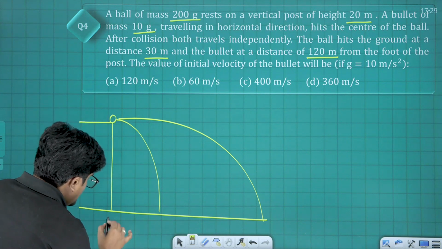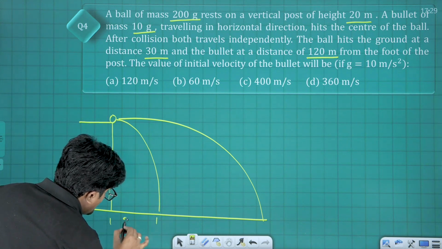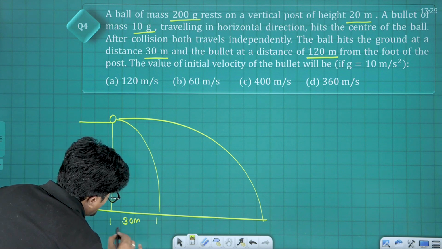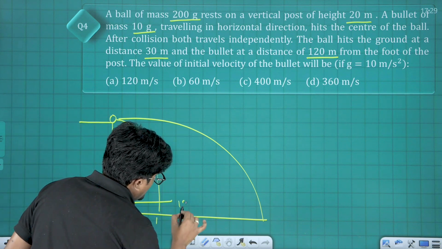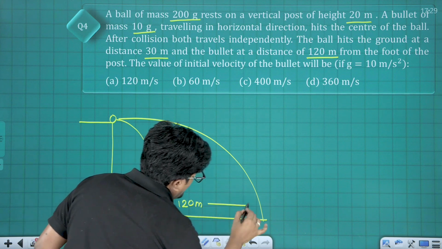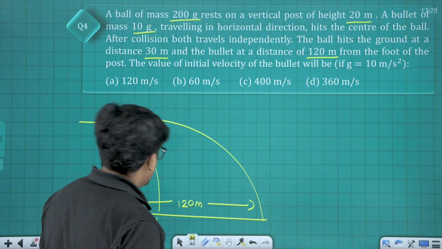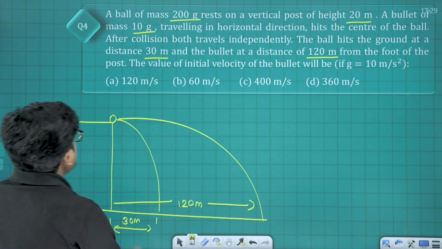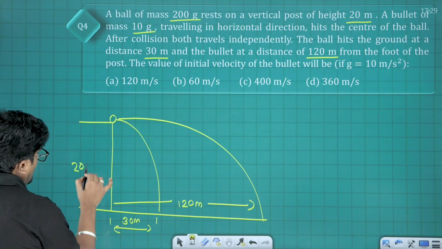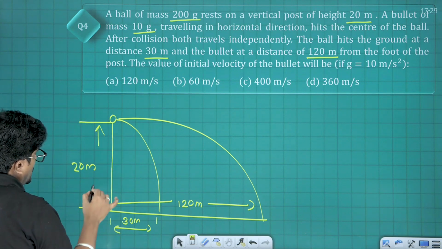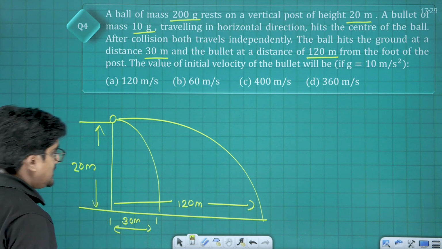Okay, so here this is 30 meter and this distance is marked as 120 meter. Yes, 120 meter. And the height of the tower is 20 meter.